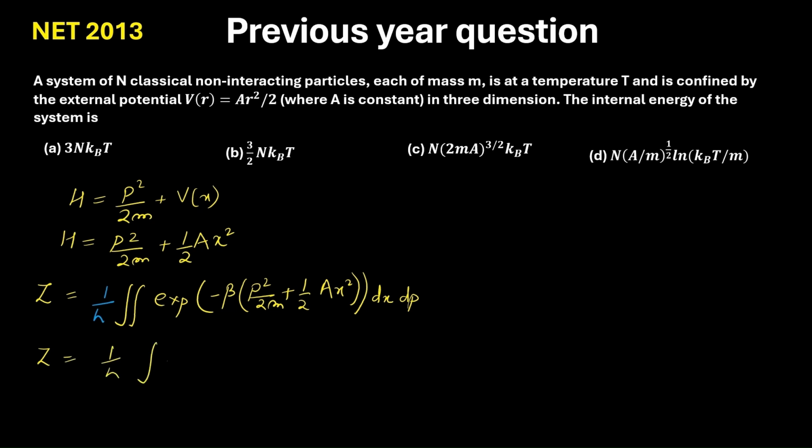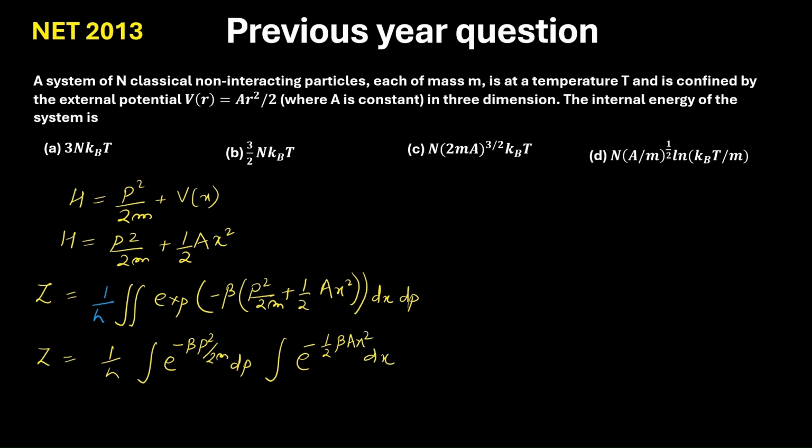If I take the integration of p here, it will be e to the power minus beta p squared by 2m dp, and the integration of x, so e to the power minus half beta a x squared dx.